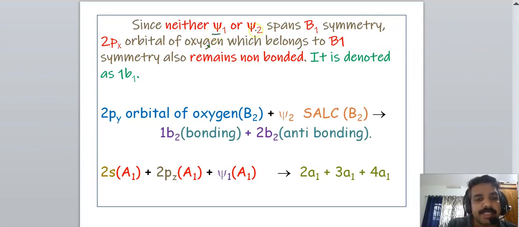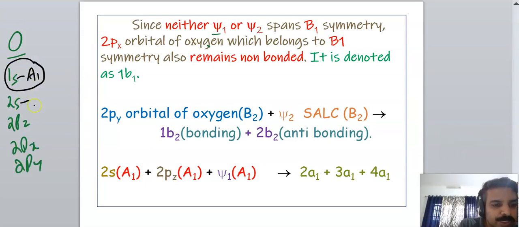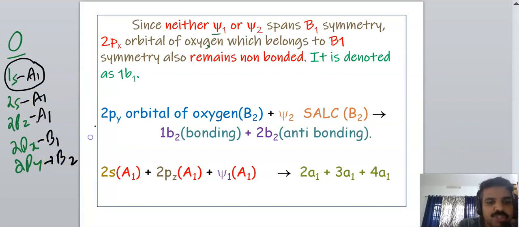This is our set of orbitals: oxygen 1s, 2s, 2pz, 2px, 2py. The 1s belongs to A1 symmetry and is non-bonding, as we already discussed. The 2s is also A1, 2pz is also A1, 2px is B1, 2py is B2.